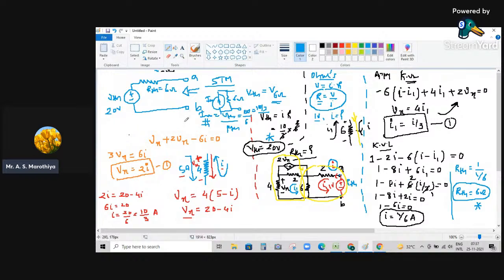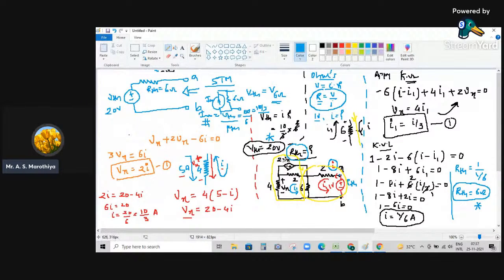This is very important. In this way we can solve the numerical based on the calculations for the equivalent voltage source corresponding to Thevenin's and the equivalent current source corresponding to Norton's when we are dealing with dependent and independent sources. The calculation for RTH is very tricky in this case because we don't know the internal resistance of the dependent voltage source or dependent current source.